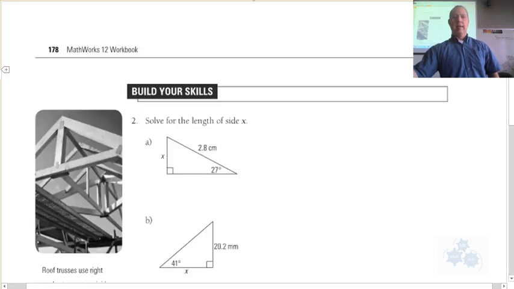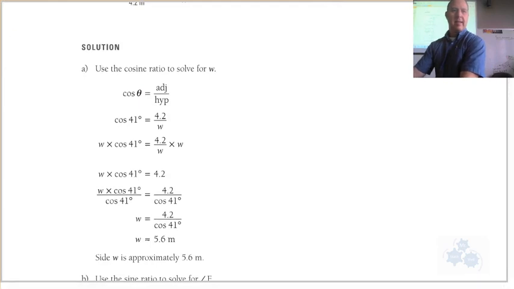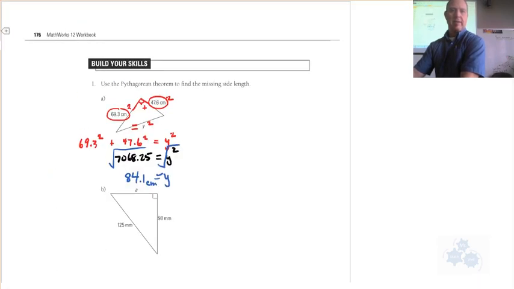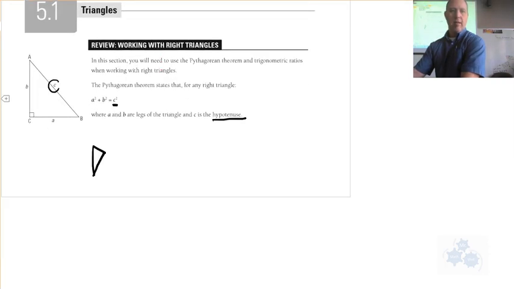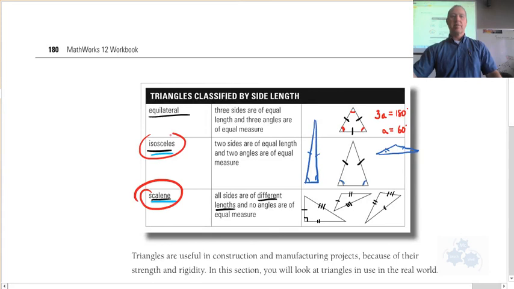Let's go back there. Okay, so yeah, I think you're right there. So by side length, if they're all separate, it's scalene. That's right. If two sides are the same, it's isosceles. If all the sides are the same, it's equilateral.